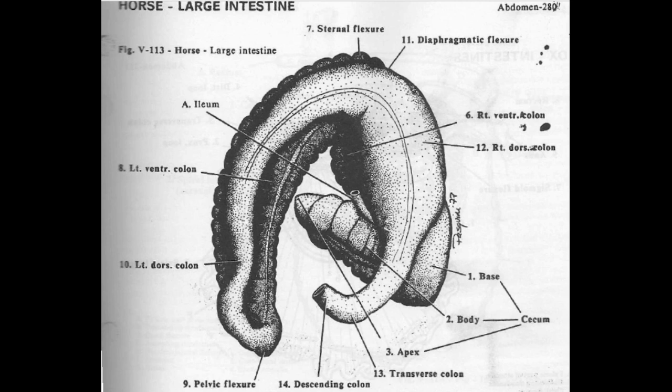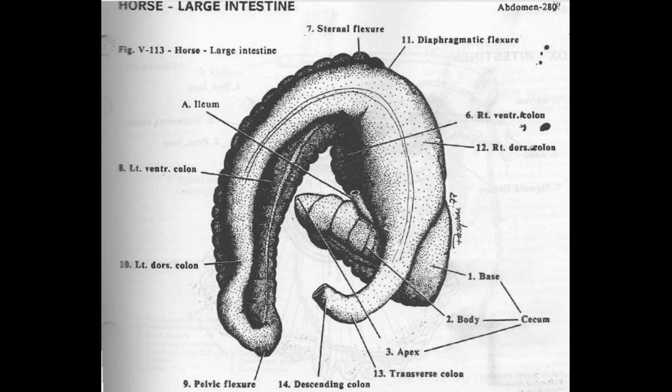The right ventral colon extends from the cecocolic opening up to the sternal flexure, which is an arc of this double U-shaped structure. After this sternal flexure, we move caudally, and this portion of the colon is called the left ventral colon. After the left ventral colon comes the pelvic flexure, which connects the ventral U-shaped structure to the dorsal U-shaped structure.